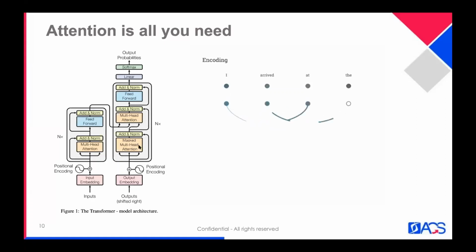And then there is the masked self-attention, which is very similar to the self-attention in the encoder part, but it can only attend to the past, the previous words, because otherwise during training we cannot learn anything. So this is how transformers work in practice.